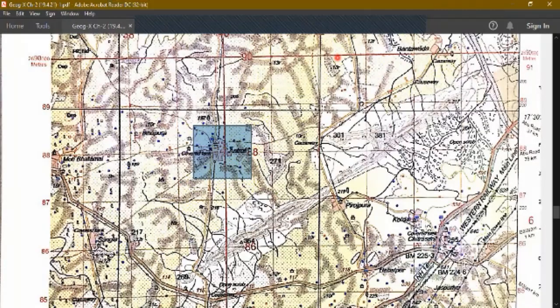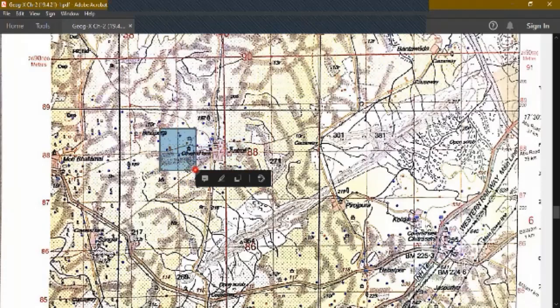The second type is the scattered or dispersed settlement. Houses or huts in this pattern are far apart from one another. It indicates sparse population and absence of proper transport.